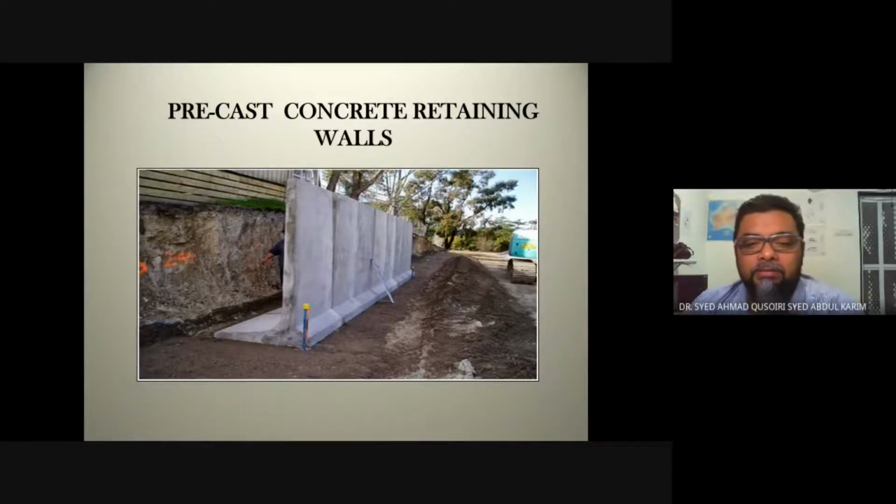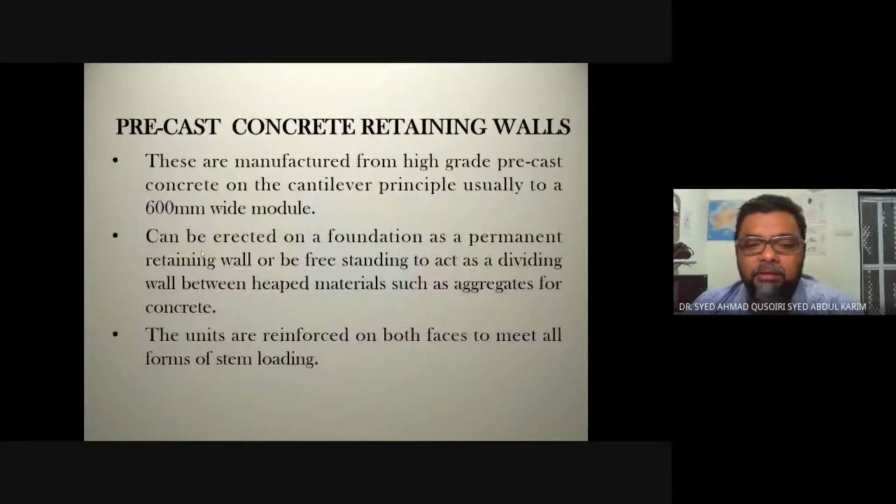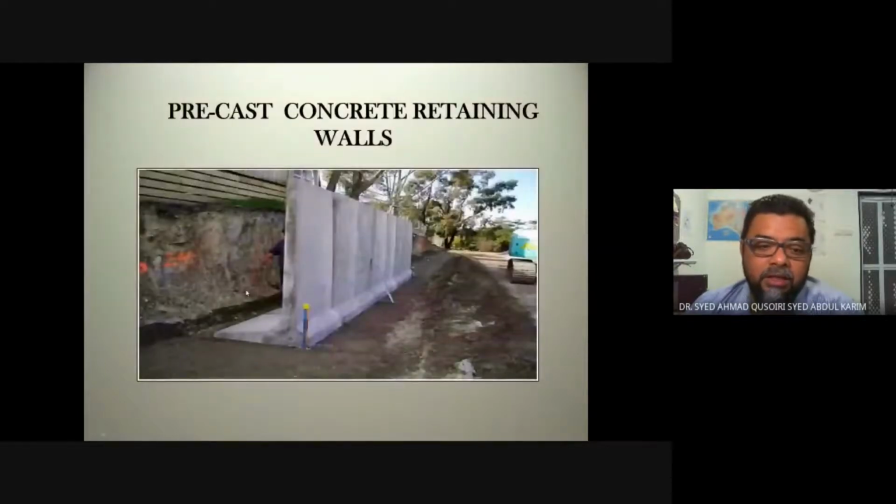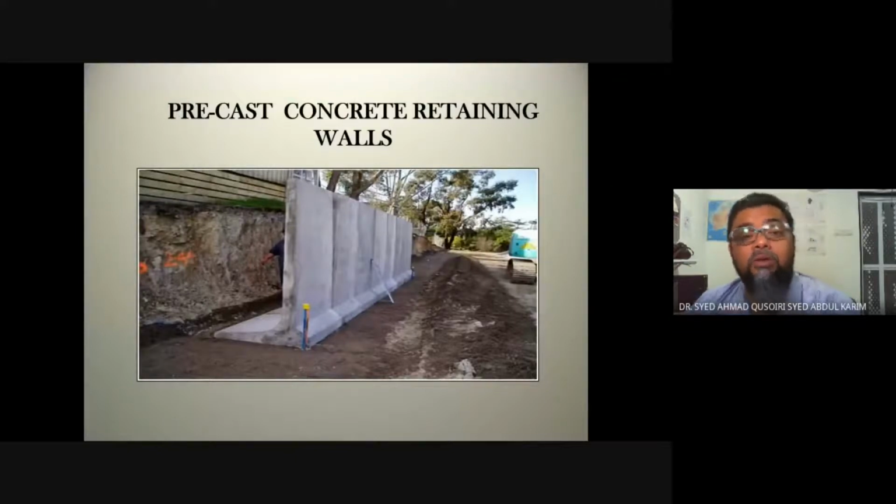So it can be erected on a foundation as a permanent retaining wall, or freestanding as a dividing wall for heap material. It can be used as a permanent feature. If it's a permanent feature, then it needs a concrete base, where we can tie this concrete retaining wall to the base. Usually they would use bolts and nuts.